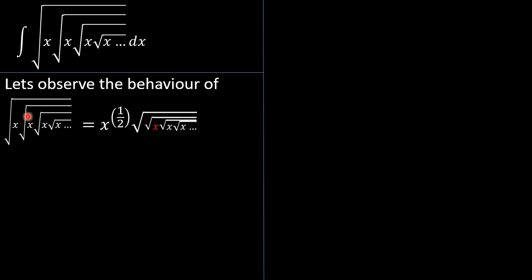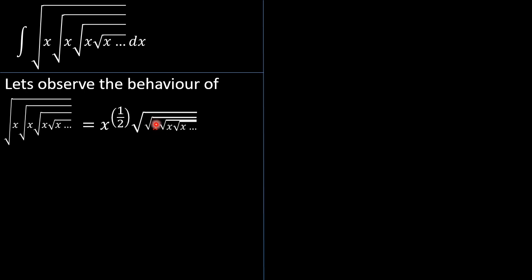Then, friends, if you look at the second square root that I have here in red, you will see that it is this same x, and it is enclosed by two square roots. We have the original biggest square root, and the one which actually encloses the second x.